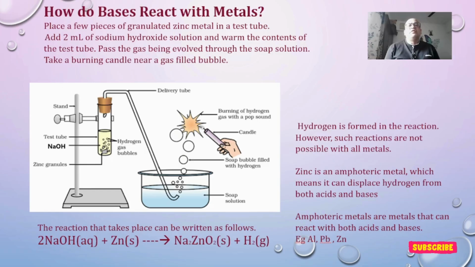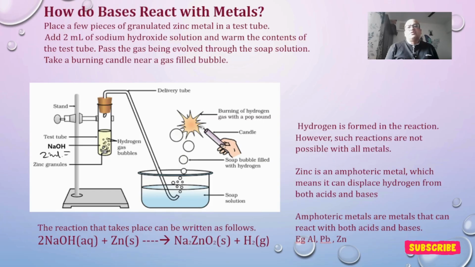For this, what we are going to do? Again, we are going to place a few granules of zinc metal in a test tube, and we are going to put 2 ml of sodium hydroxide to it. Now some gas will be evolved. We are passing the gas evolved the same way as we did in the case of acid.